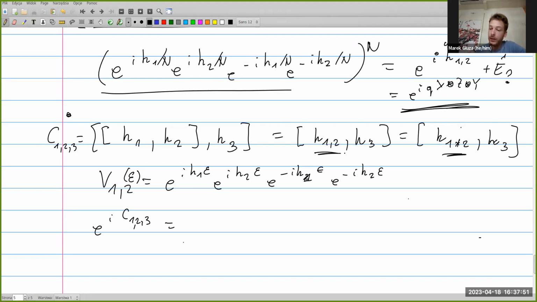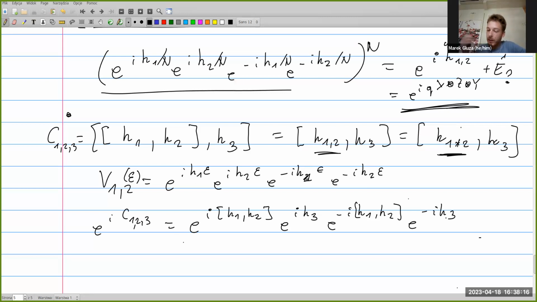So how would I do this? I have this commutator generator here. So I would make the group commutator here with e to iH1,2, e to iH3, e to minus iH1,2, e to minus iH3.